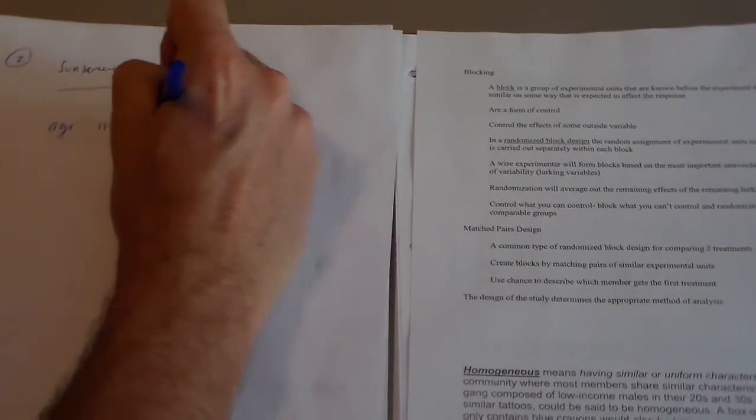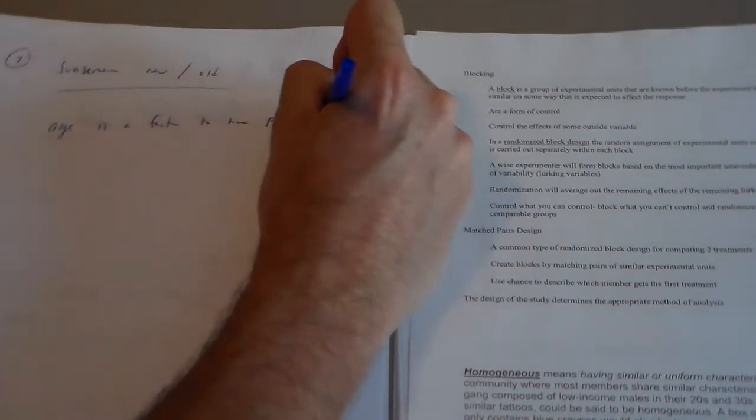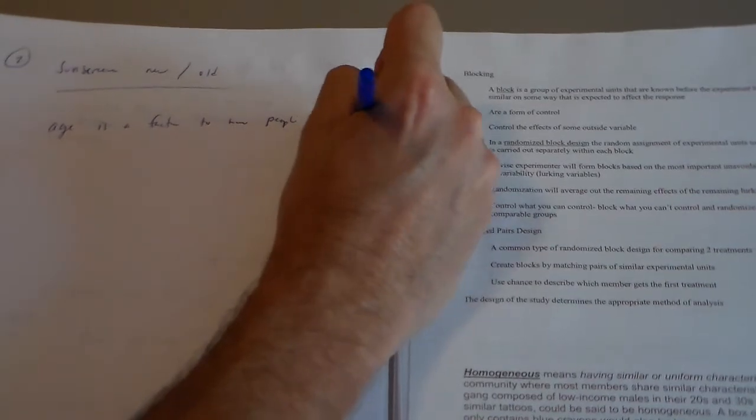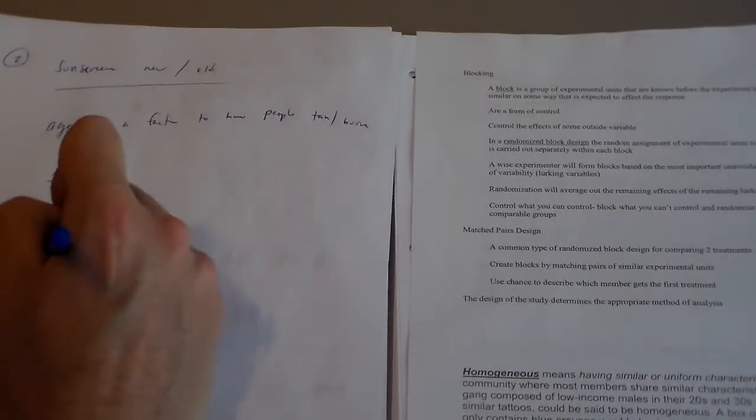So let's say that it is widely known that age is a factor to how people tan or say burn. And so we had all these people, and these are the ages of the people that are going to participate in our study: 19, 25, 50, 22, 27, and 55.